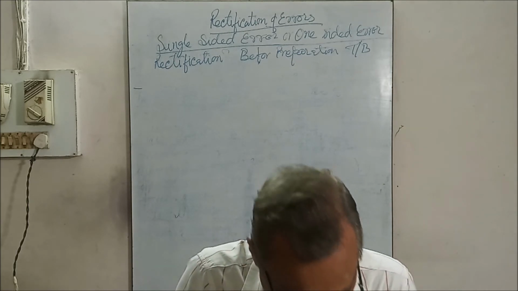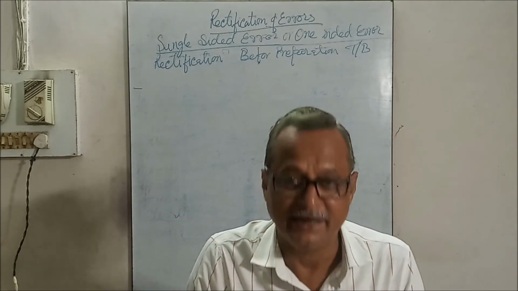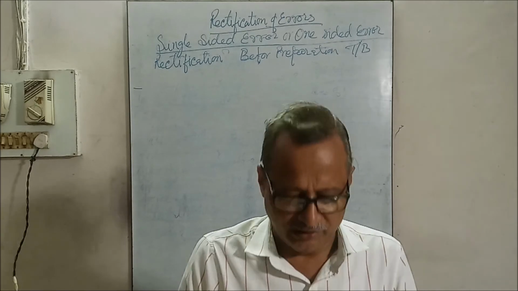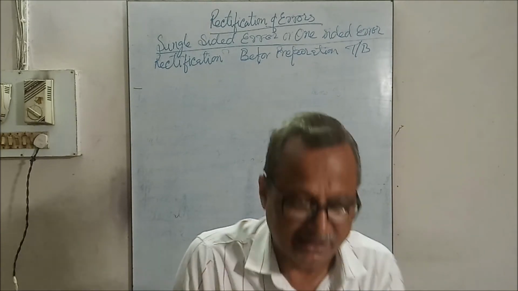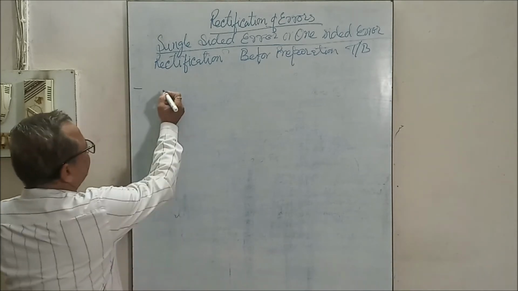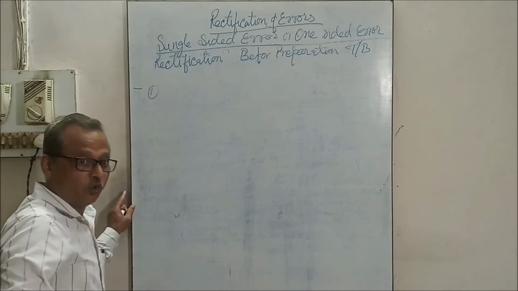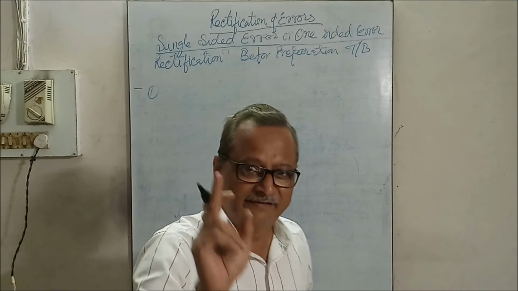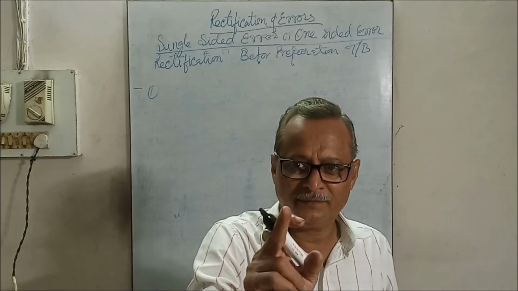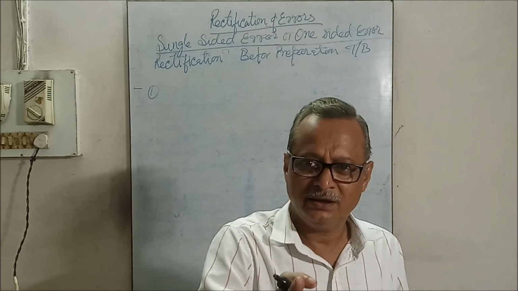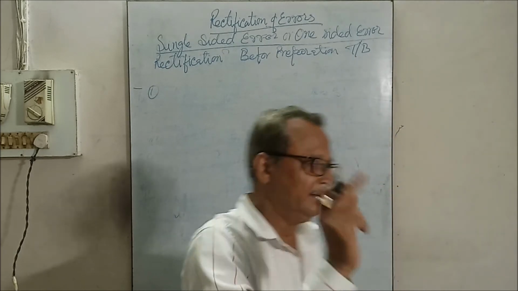Question number 12. Rectify the following errors which were detected before preparation of trial balance. First, purchase book has been overcast by ₹1,000. Purchase book overcast. Purchase account is a debit item, and the debit item was overcast. Then what will be right?